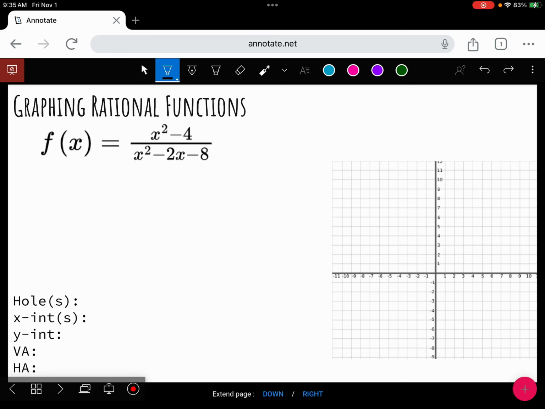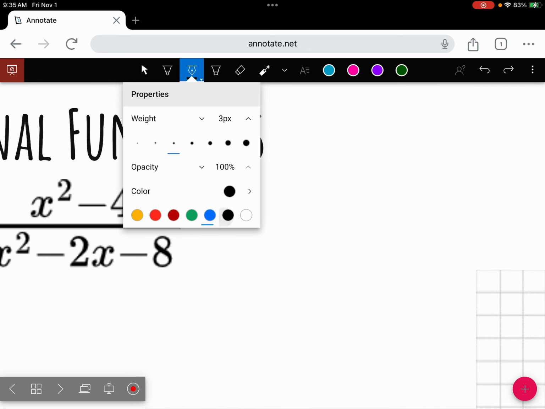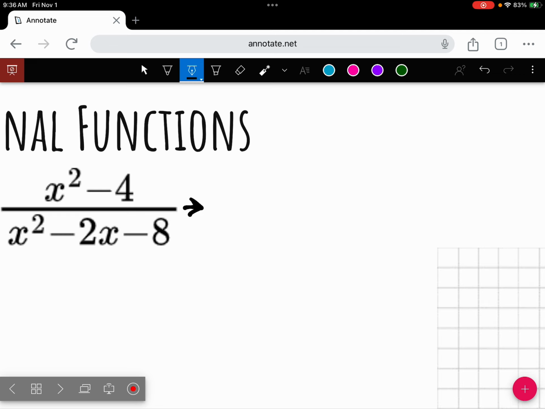What should we do first? Let's factor everybody. A lot of the things we need to know them in factored form anyway. So if we have something that is quadratic, it is a good idea to always start out by trying to factor stuff. So what is my numerator going to factor to?